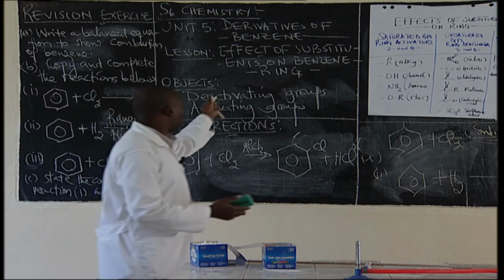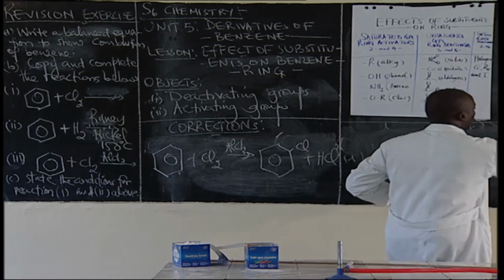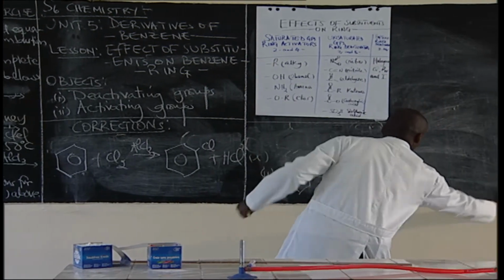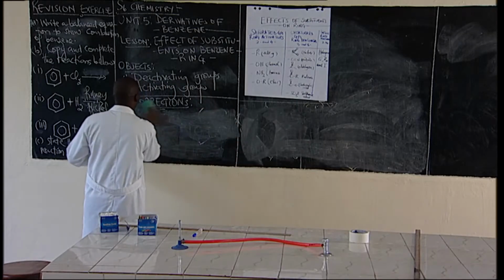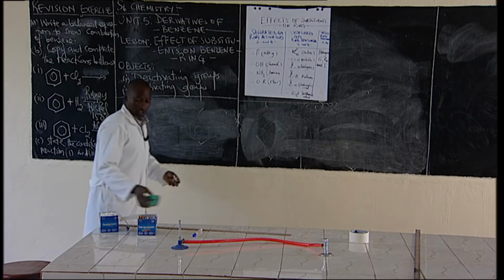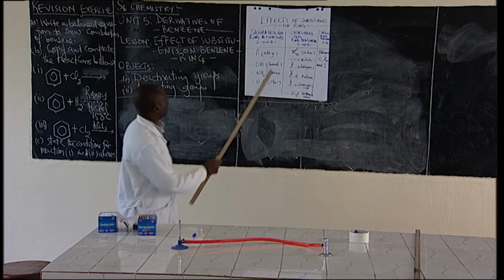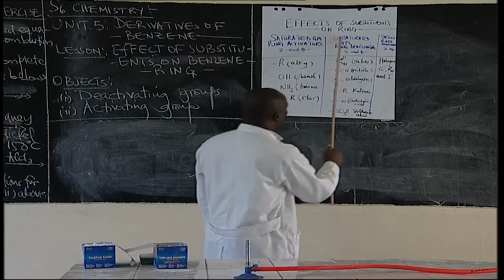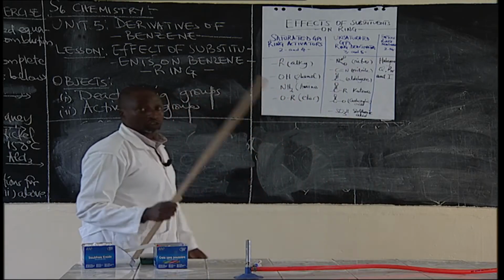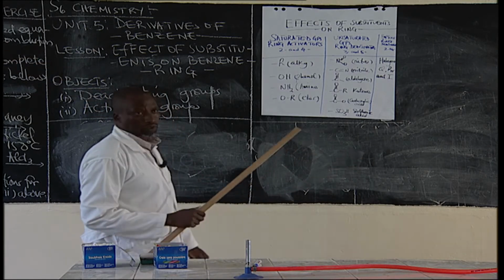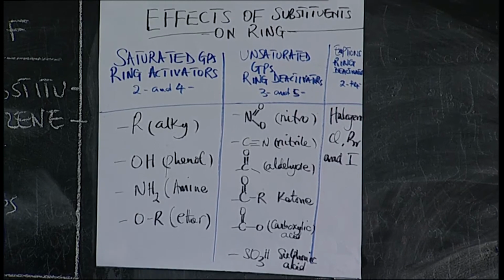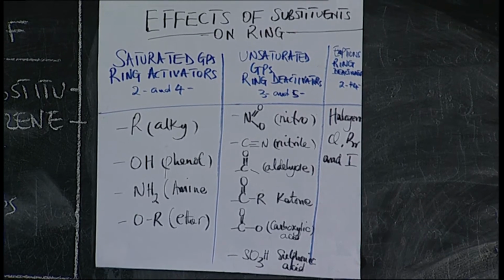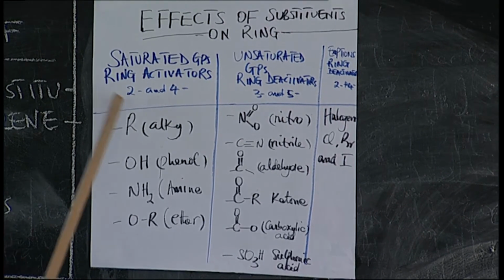So right away, we are going to the effects of substituents on the benzene ring. And we said there are 2 parts, so we'll have to combine them all together. So looking at these effects of the substituents, there are actually mainly 2 groups. We have the saturated groups. These are called ring activators, 2 and 4.